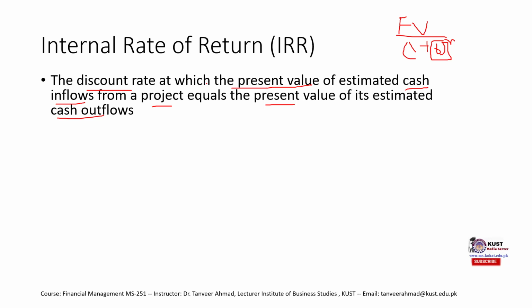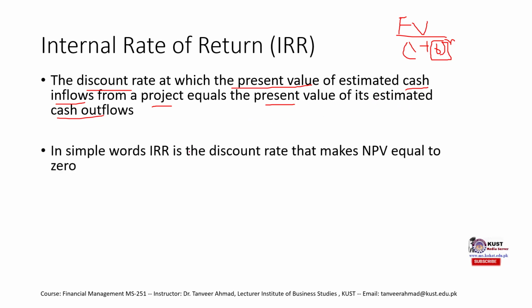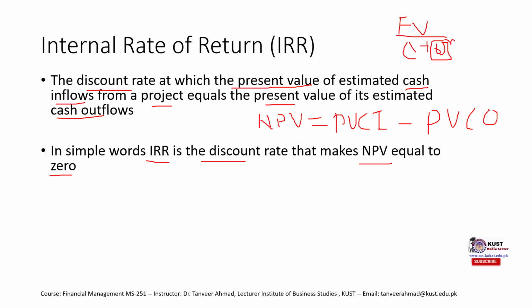So now you can look at the definition: discount rate at which the present value of cash inflows from a project equals the present value of cash outflows. In other words, we can also define this IRR as the discount rate where NPV is equal to 0. Remember, NPV is equal to what? NPV is present value of cash inflows minus present value of cash outflows.